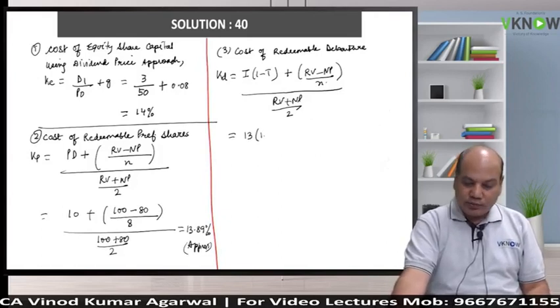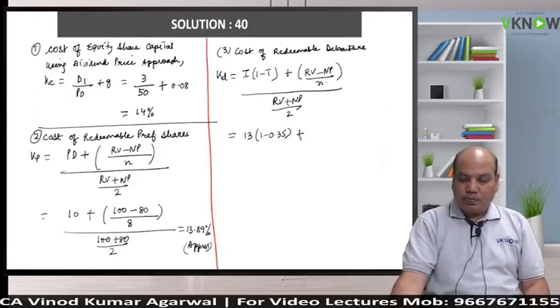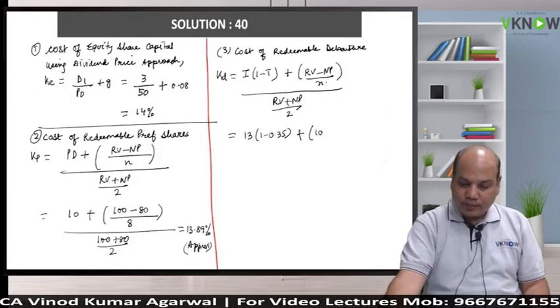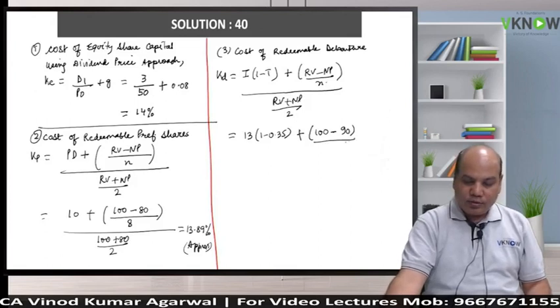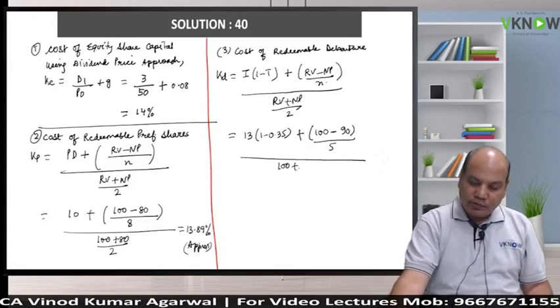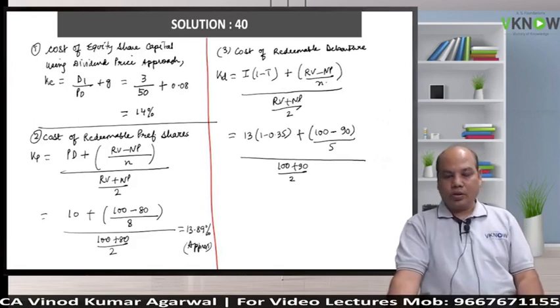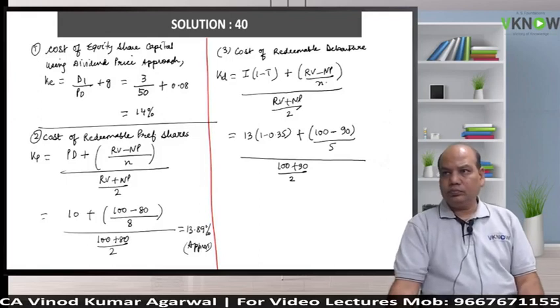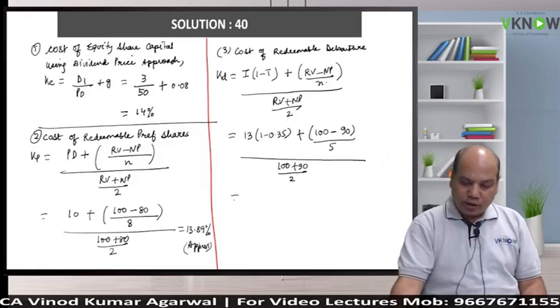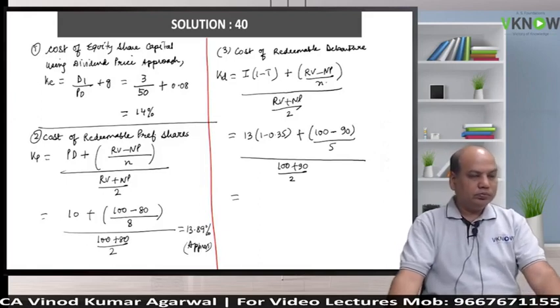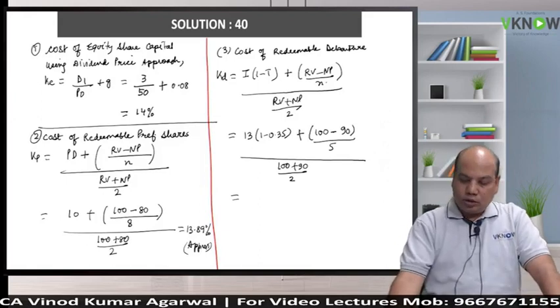What is tax rate? 35%. 1 minus 0.35, plus redemption value 100, net proceed, current market price 90, number of years 5 years. Divide by 100 plus 90 by 2, into 100. Final answer will be in percentage. 11%.